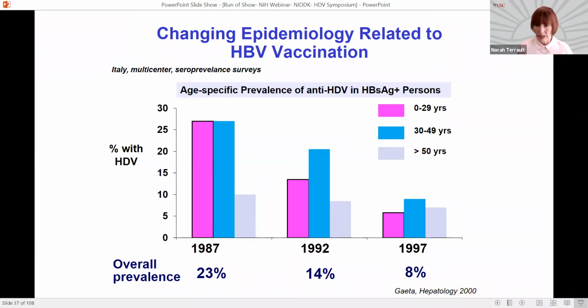So we know that if we want to prevent Delta, you prevent hepatitis B. And so you can see here from 1987 to 1997, looking at age-specific prevalences in these seroprevalence studies, that there's a lower prevalence of Delta among younger individuals, presumably those that are getting access to vaccination, whereas those that are over the age of 50 who didn't have access to that, they're sort of just aging over time. So they have seen a dramatic drop in the prevalence of Delta in countries in which their vaccination programs have been robust. This has also been shown in Spain and in Taiwan, for example.